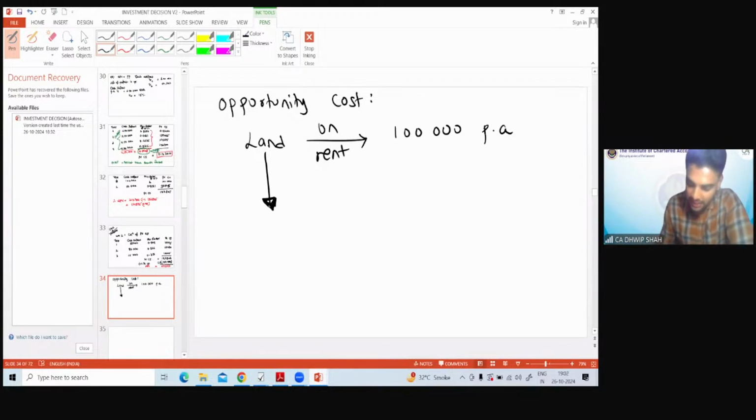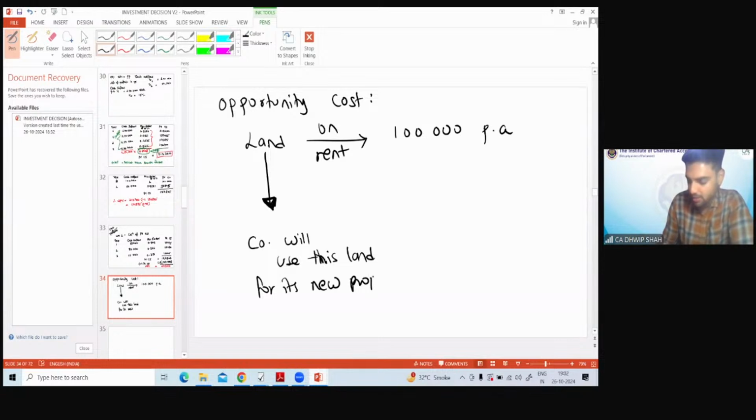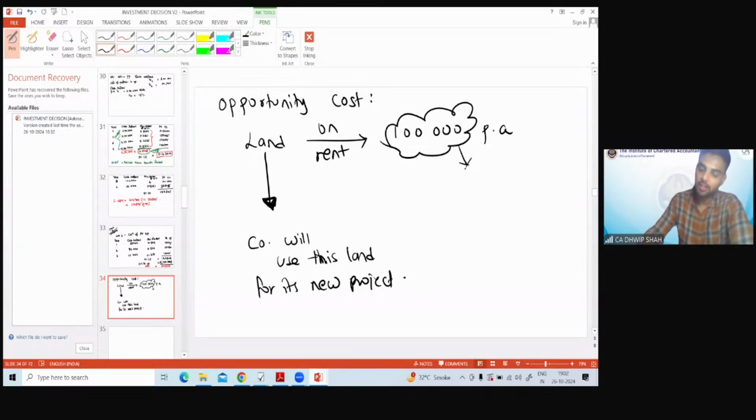So can I say now company will use this land for its new project, correct? So tell me, will the company be able to earn this 1 lakh per annum now?